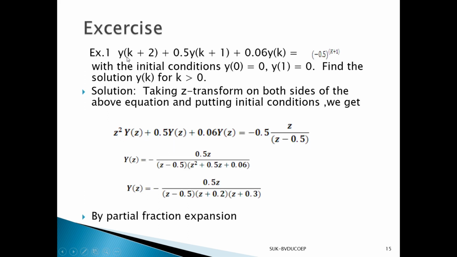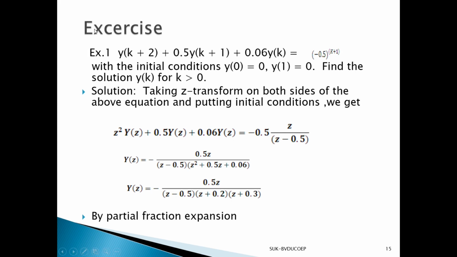So I'll try to explain this equation. This is the given equation and this is the forcing. This is a linear second order difference equation with forcing function minus 0.5 raised to k plus 1. Now here they have to give initial values. In the Laplace transform also we consider initial values, or we can consider initial values as 0.